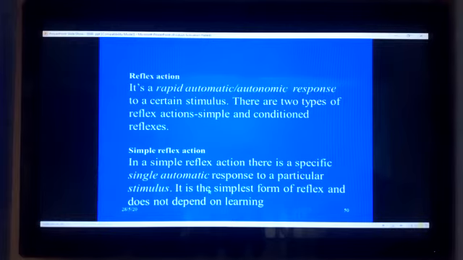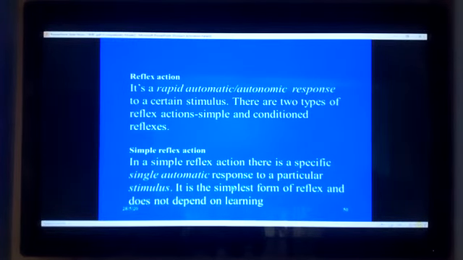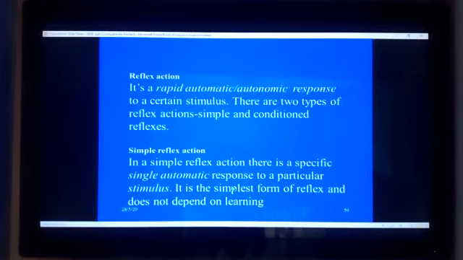So that means that the responses that are exhibited are not controlled by the brain, that is the part of the central nervous system, although the other part of the central nervous system, which is the spinal cord, is greatly involved in this section.